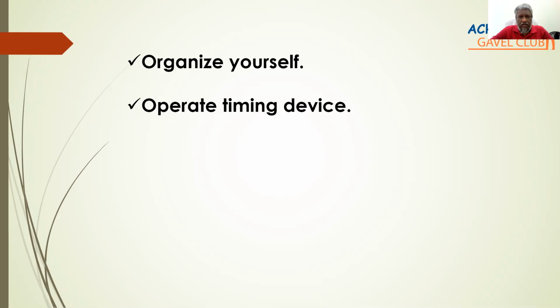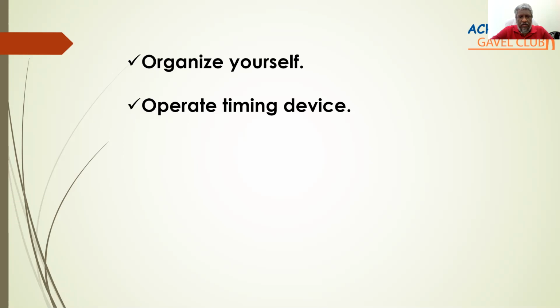So we show the green color starting at 4, and it stays till the member reaches 5. The moment the member reaches 5, we change it to yellow, and it remains till the member reaches 6 minutes. The moment it becomes 6, you change it to red, and that will be shown till the member concludes his or her speech.